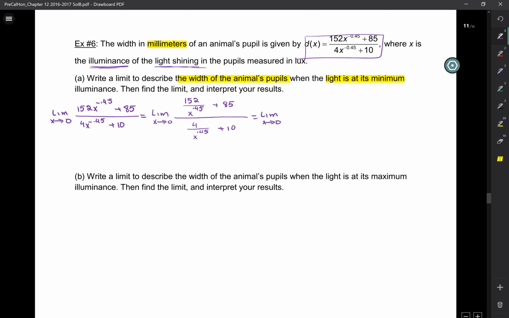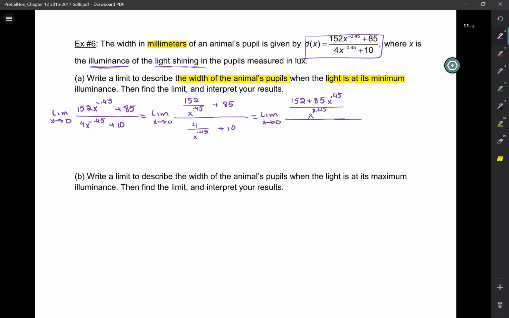Okay? So this is the limit as x approaches 0. And what I want to do now is a common denominator on the top and the bottom. So the denominator here is going to be x to the 0.45. When I do a common denominator, it's 152.45. Okay.